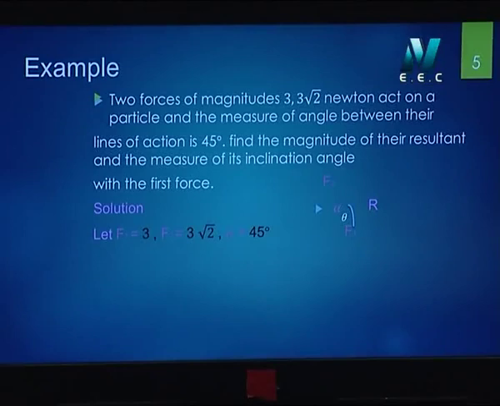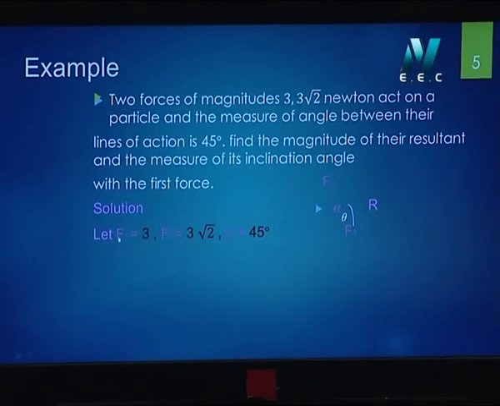Two forces of magnitude 3 and 3 root 2 Newton act on a particle, and the measure of the angle between their lines of action is 45. Find the magnitude of their resultant and the measure of the inclination angle with the first force.